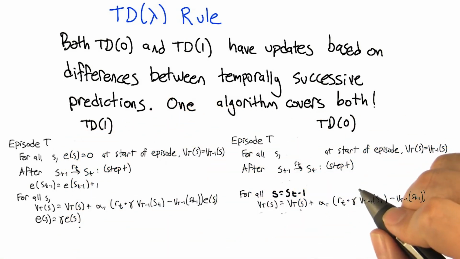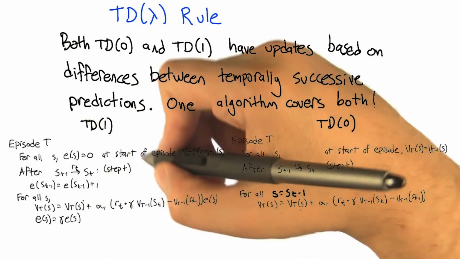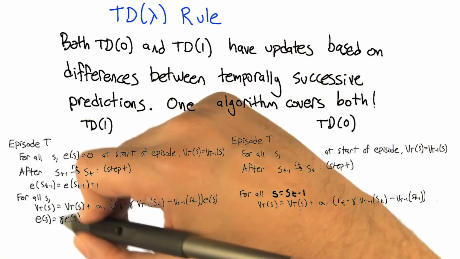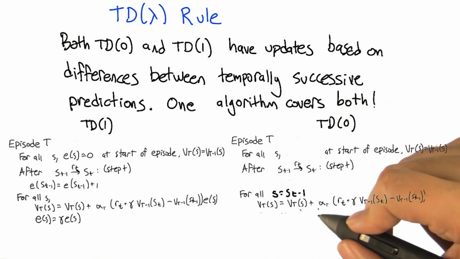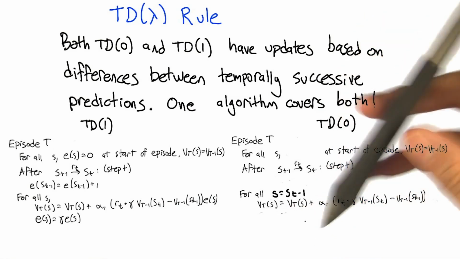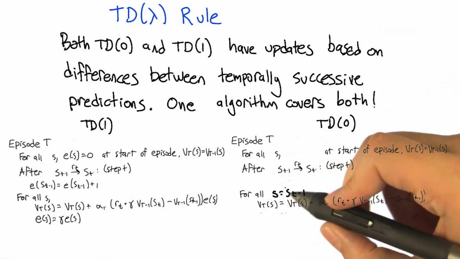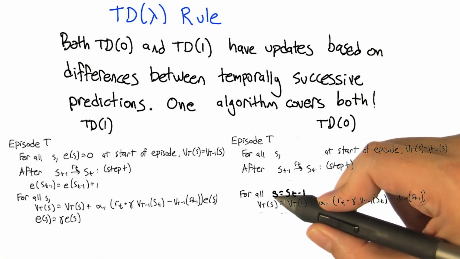The only other difference, other than getting rid of all references to the eligibility trace, is that whereas in TD1 we do this update over all states, in TD0 we just update the state that we left most recently. So I changed that loop, instead of making it a loop, it just says for all s equal to st minus 1. In other words, we're just going to do this update for s equal to st minus 1.